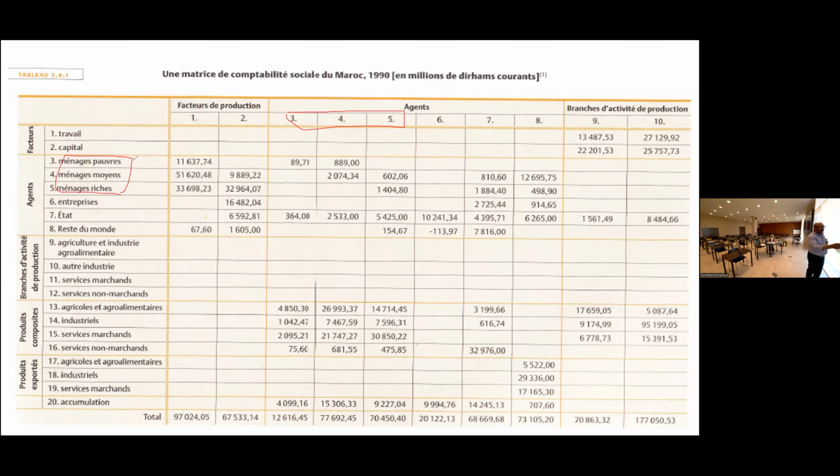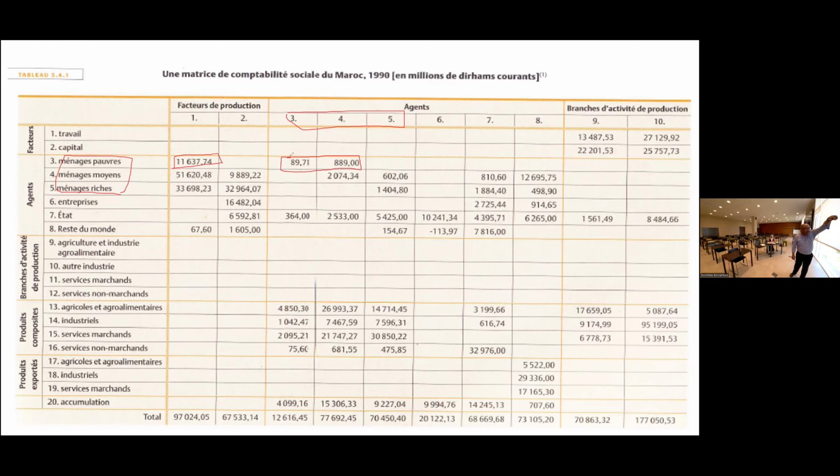For example, for poor household, we have the part of the salaries they are earning. This is the salaries, and we have transfers. In the middle here, we have the transfers between agents. There is a matrix of transfer. This is a transfer from household to household, intermediate household to poor household, etc.